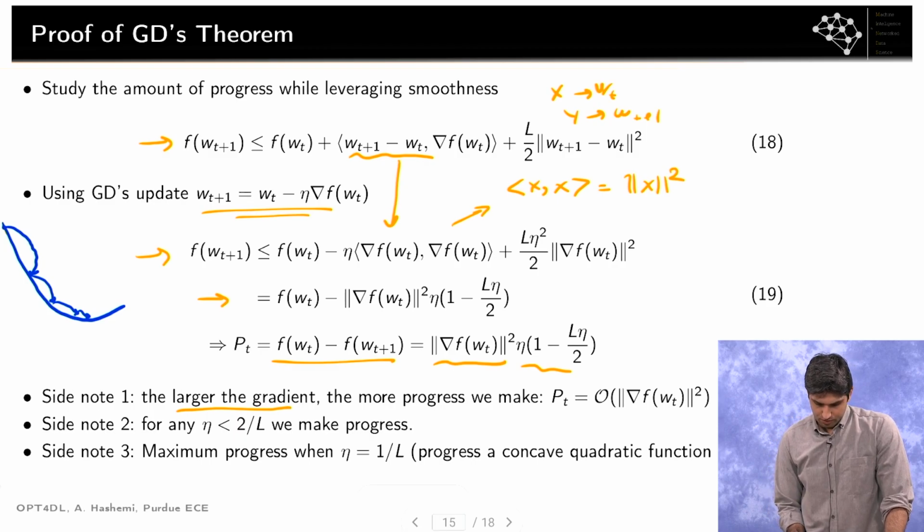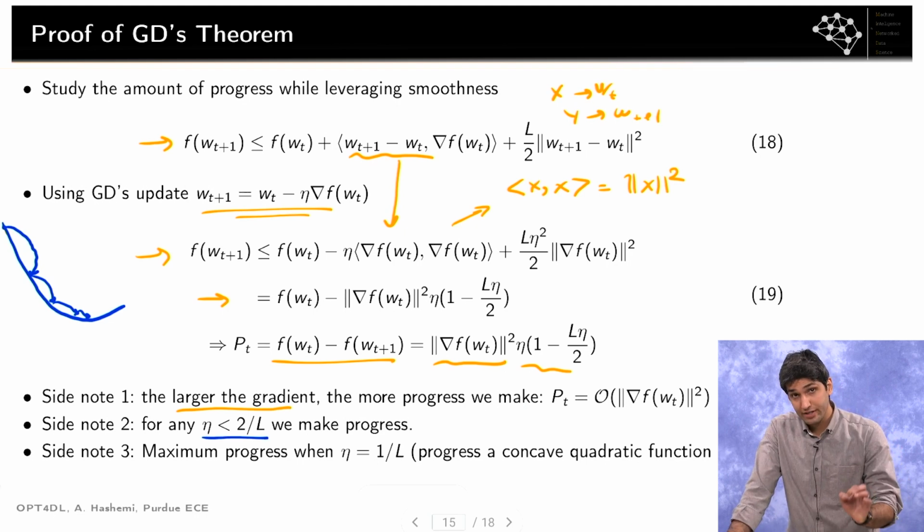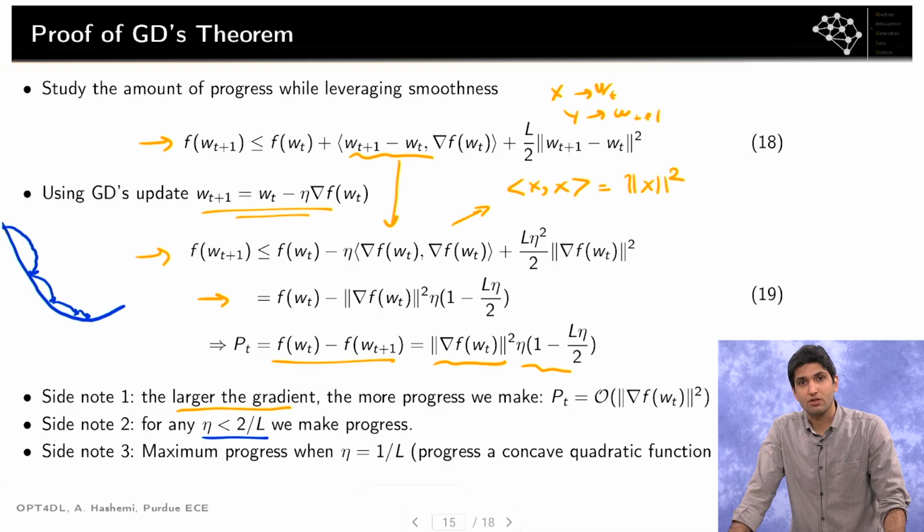Another important side note is related to the role of the learning rate. As long as the learning rate is strictly less than 2 over L, we are guaranteed to make progress. Okay. And this is actually something which has been observed in deep learning, and it is called the edge of instability.